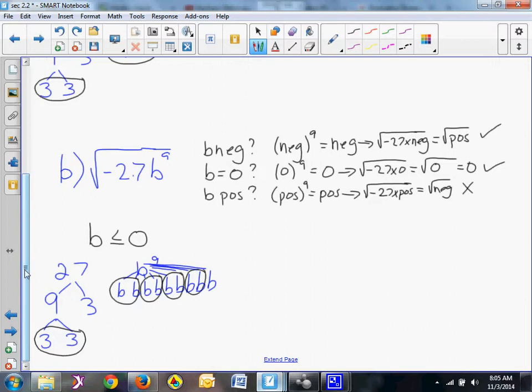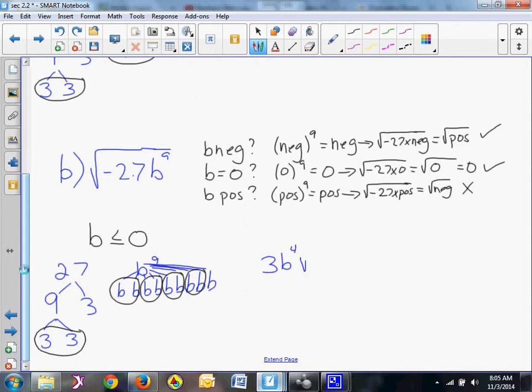Again, I represent each group on the outside of the radical with one of them. So I'm going to write my 3, and I have 4 b's, which is b times b times b times b, so that's b to the 4.